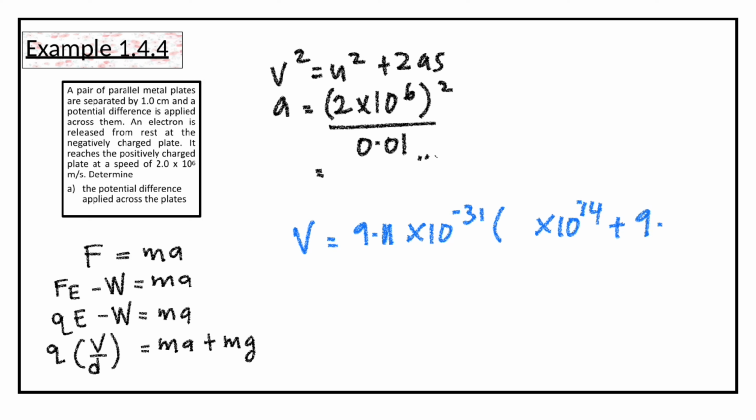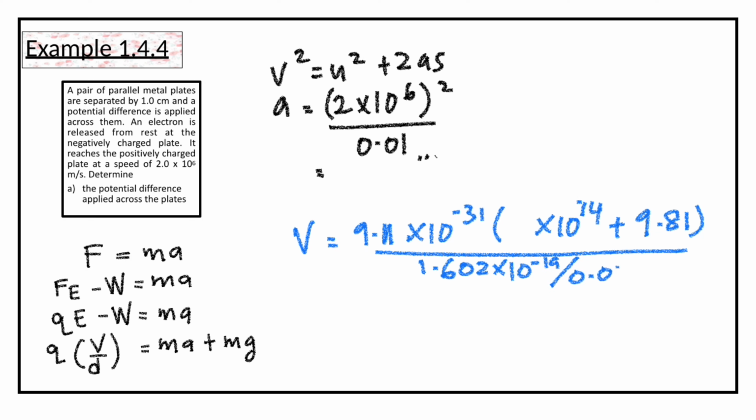What is 9.11? This is the mass of the electron. Okay, a berapa tadi? Plus 2g, g is 9.81, divided by q, the charge of the electron, 1.602 times 10 power of negative 19, divided by d. d is 0.01. The value of a is 2 times 10 power of 14.